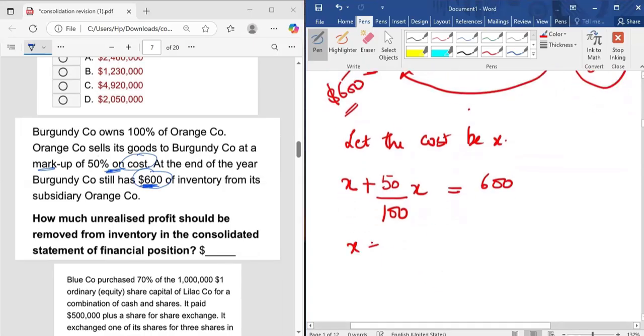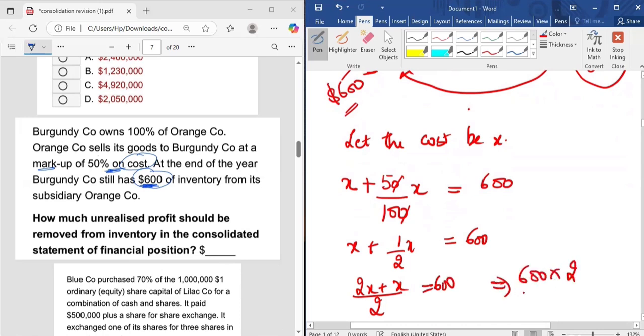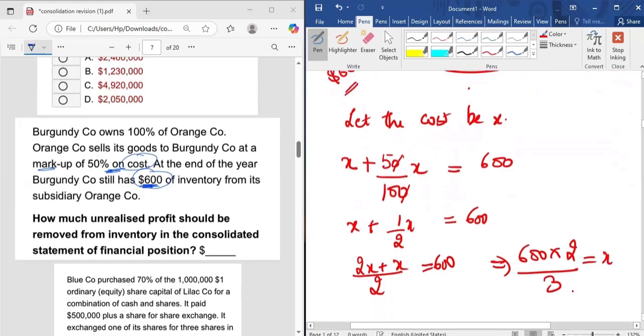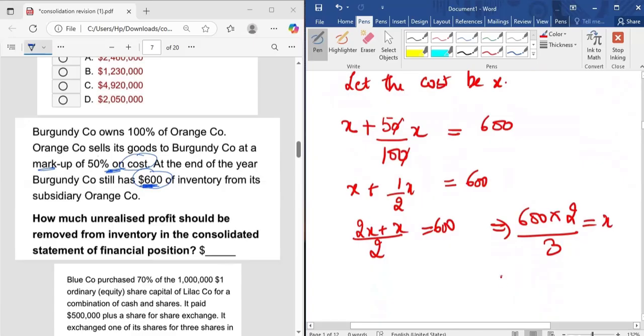It would be X plus 1 by 2 of X, equals 600. Taking the LCM, which would be 2, it would be 2X plus X equals 600. This is just simple maths, right? So 600 into 2 upon 3 gives me my X. So my X comes out to be 400.